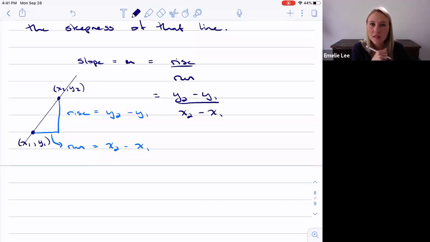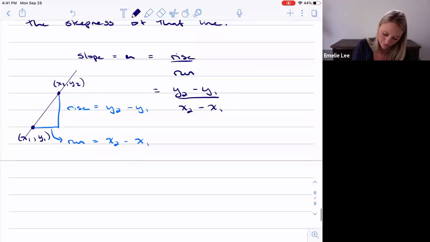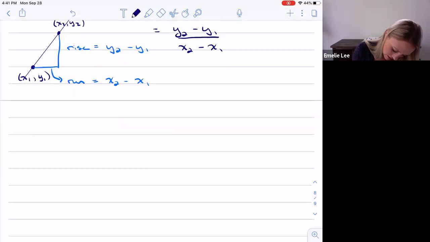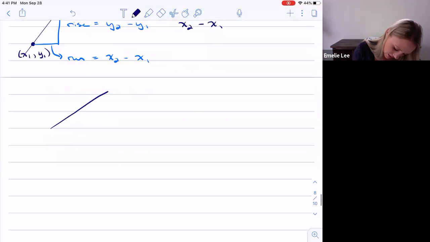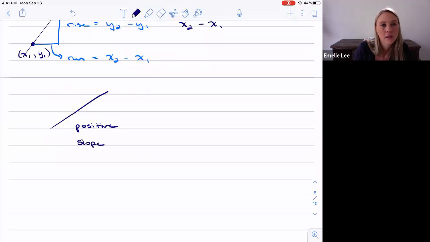And just some things to keep in mind. If I have a slope like this, it is a positive slope. That's if m is greater than 0.